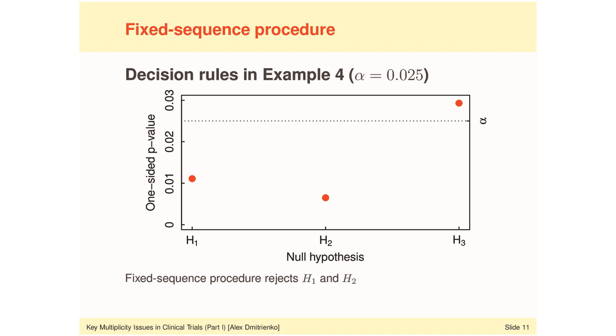This hypothesis is also rejected because p2 is below the alpha threshold. And then when we finally get to the last hypothesis, H3, and when it is tested, it cannot be rejected because we see that the orange dot that represents the p-value for that hypothesis is above the alpha threshold.